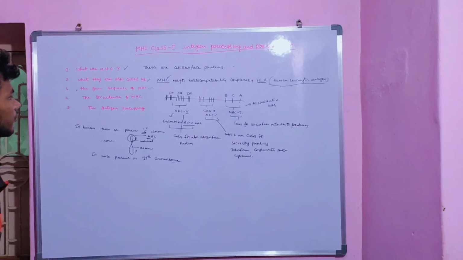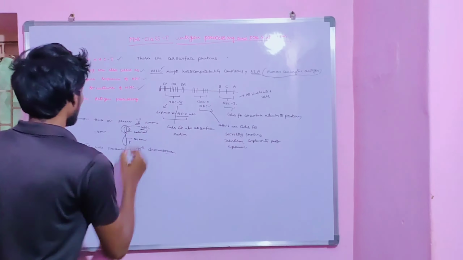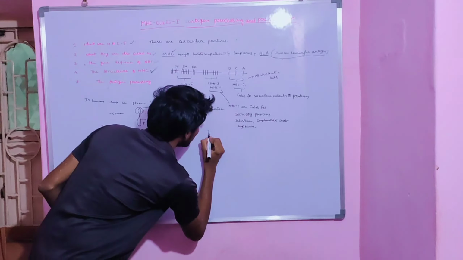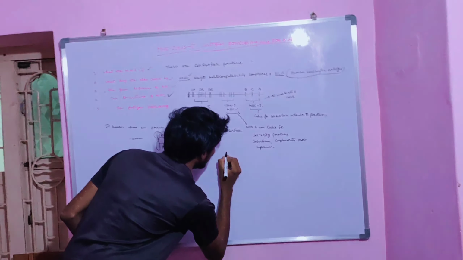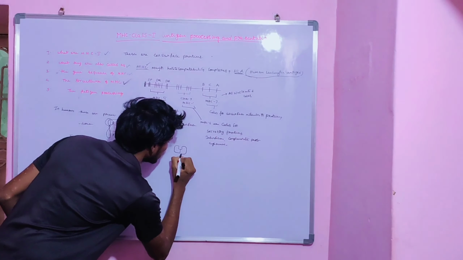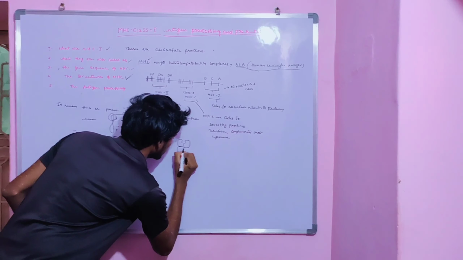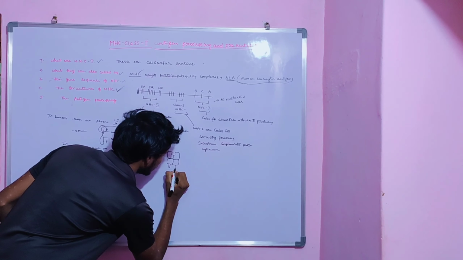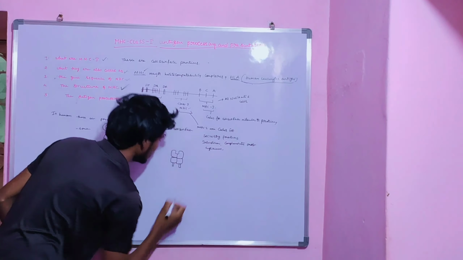and the structure of the MHC molecule. Just like this, this is the MHC molecule. It contains alpha 1 and alpha 2, beta 1 and beta 2 polypeptide units.